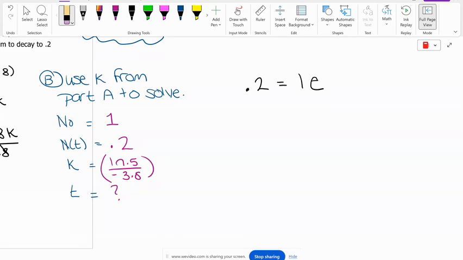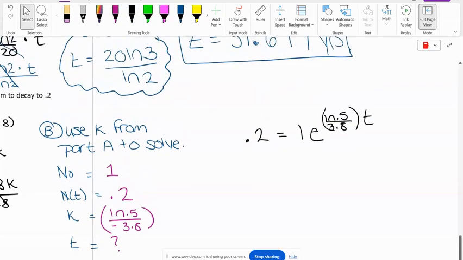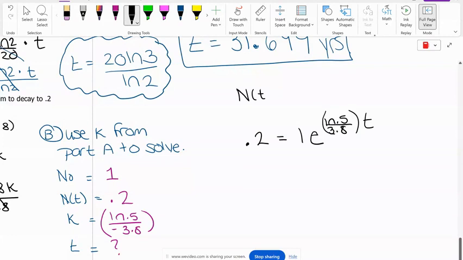So if my K is ln of 0.5 over negative 3.8, won't the negative K now be ln of 0.5 over positive 3.8, times T? So I'll just write out the formula again. N of T is equal to N sub 0 times E raised to the negative K times T power. And that's where we plugged all that in.